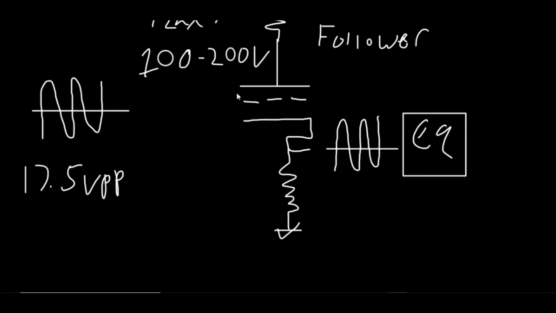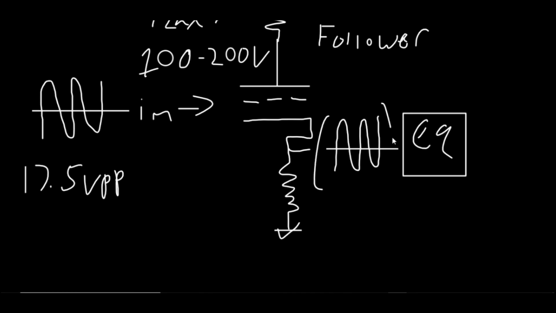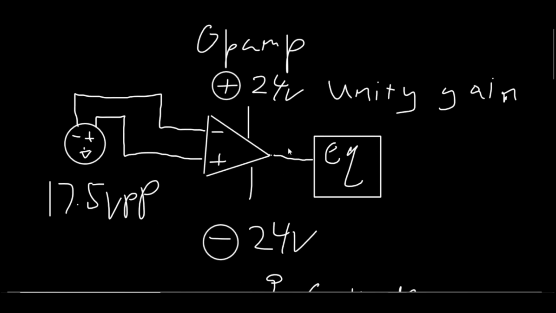Tube cathode followers are really good at taking the input signal here and making it translate without any alterations straight out at the output of this cathode, without anything being changed.